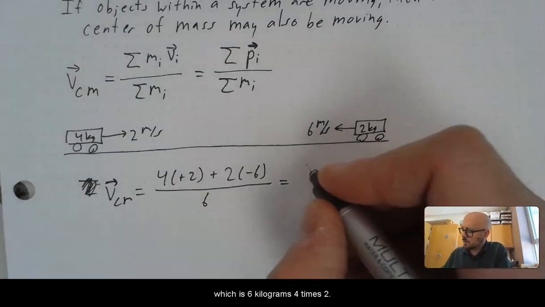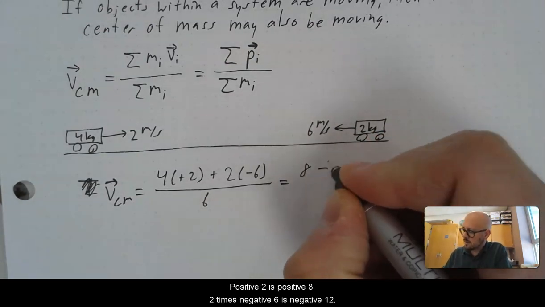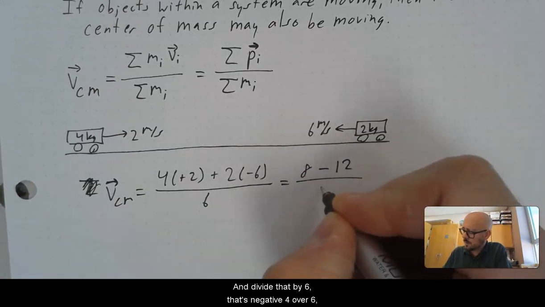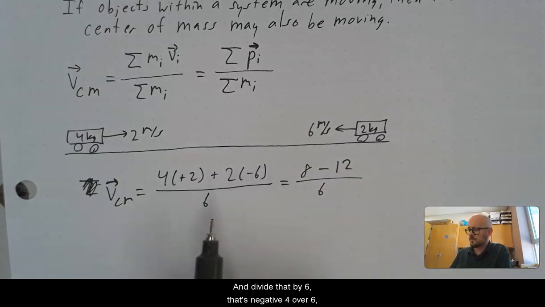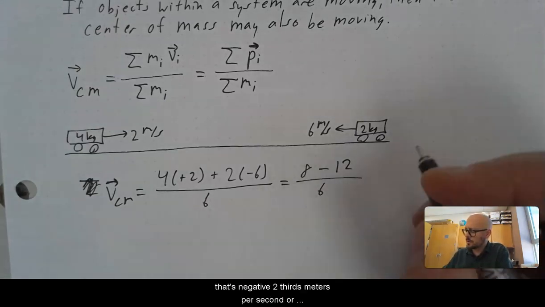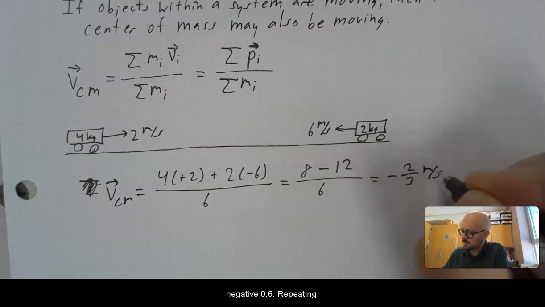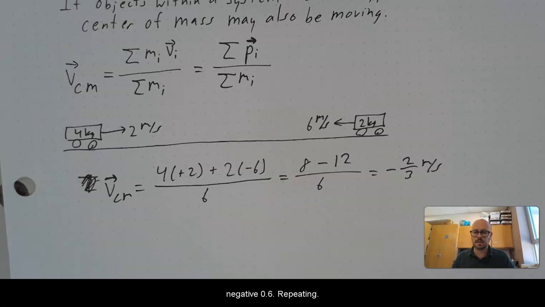4 times positive 2 is positive 8. 2 times negative 6 is negative 12. I'm going to divide that by 6. That's negative 4 over 6. That's negative 2/3 meters per second, or negative 0.6 repeating.